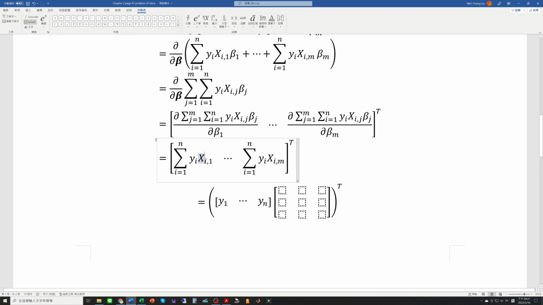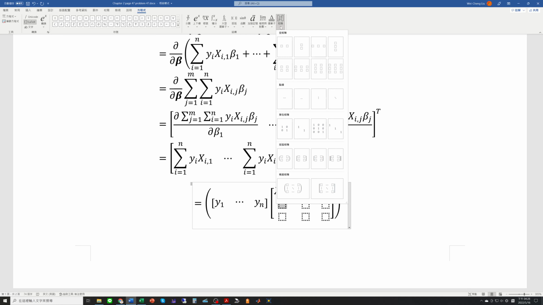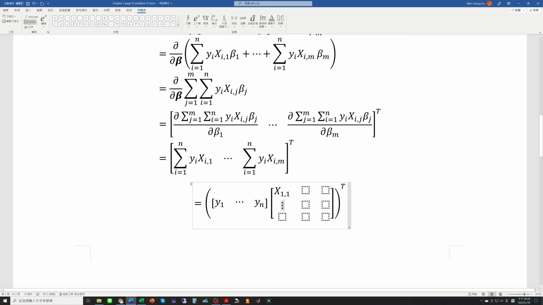So we copy this x_i1 here and change i to 1, and so on, vertical dots. And the last element should be x_i1, where i is equal to n. So this should be n here.